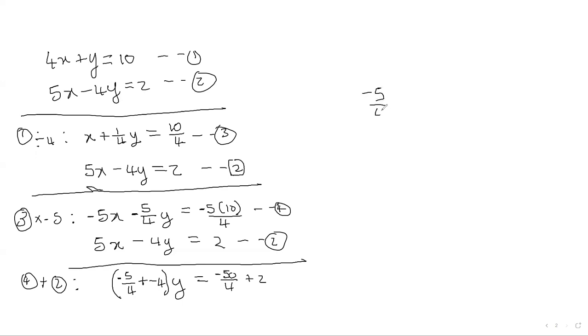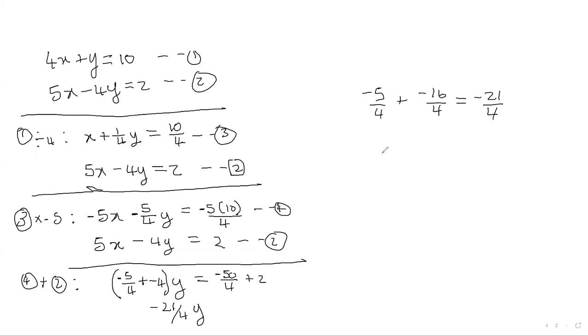Minus 5 over 4 plus minus 4 times 4 is minus 16 over 4, which is the same thing as minus 4. Just wanted to get the same denominator so that I can just add these two. In this case, we get minus 21 over 4. Then I do the same thing with minus 50.